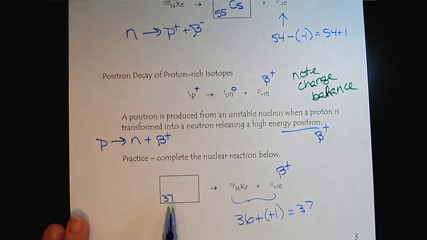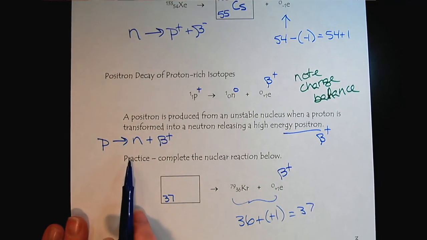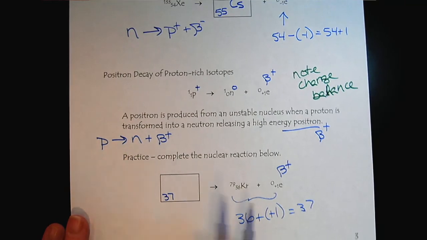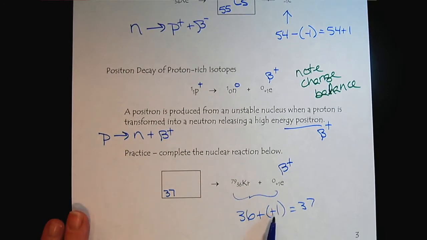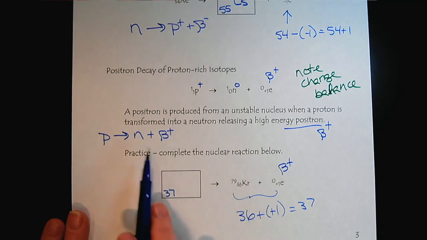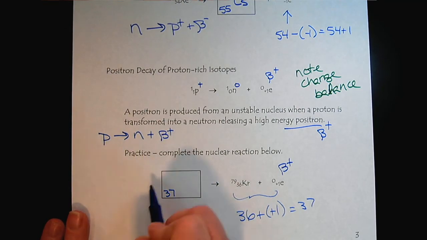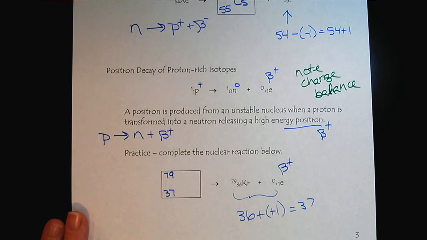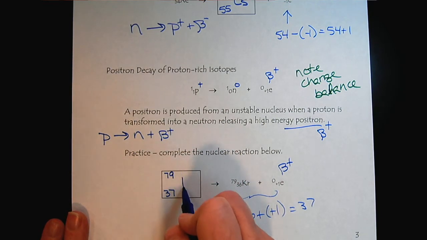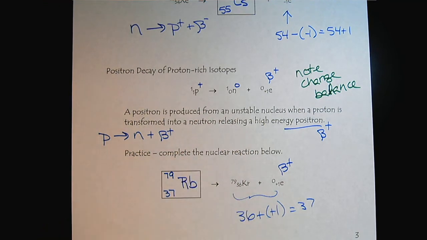Either way we think about it, whether we think about what's actually happening inside the nucleus or use the mathematics of the symbol, we get a 37. And we know that the total number of protons and neutrons stays the same, so our mass number remains 79, and our atomic number has increased to 37. And so this would be rubidium. Okay, so that's about as tricky as it gets.